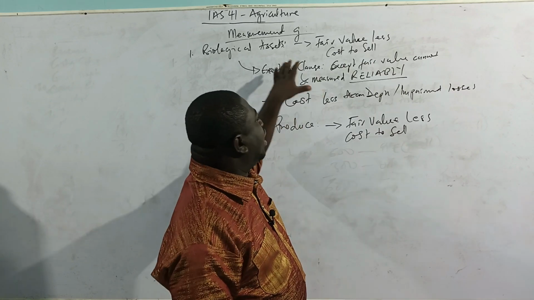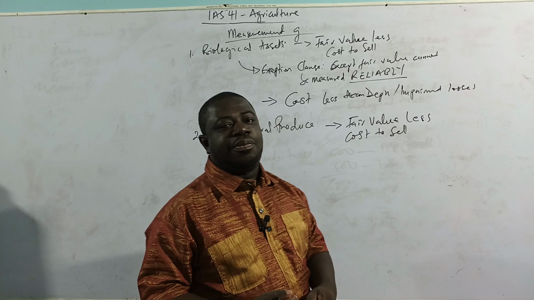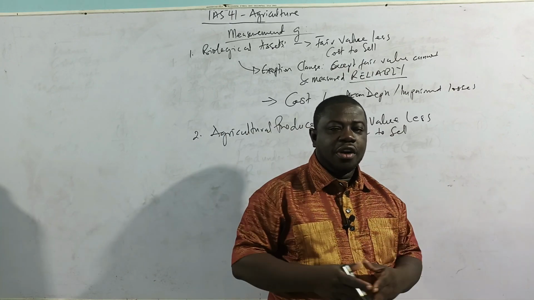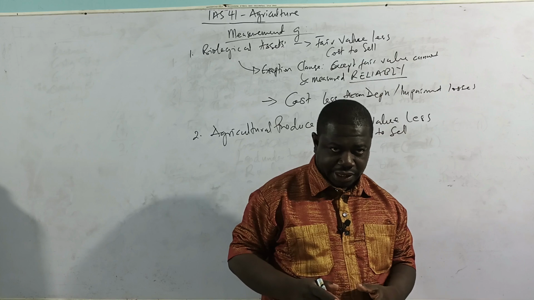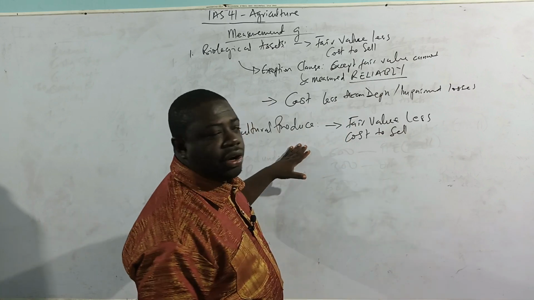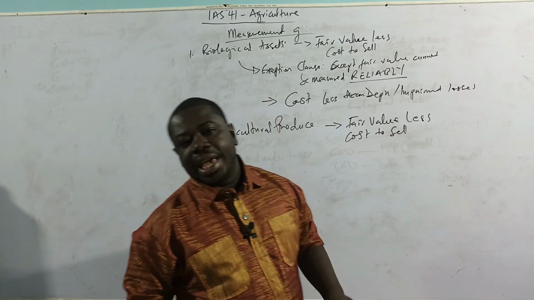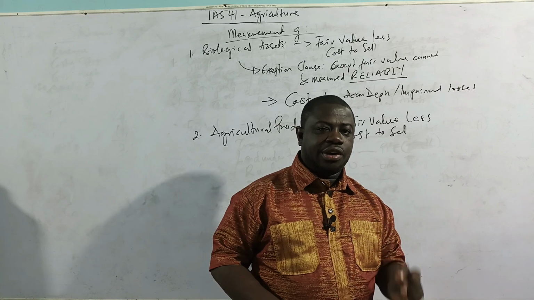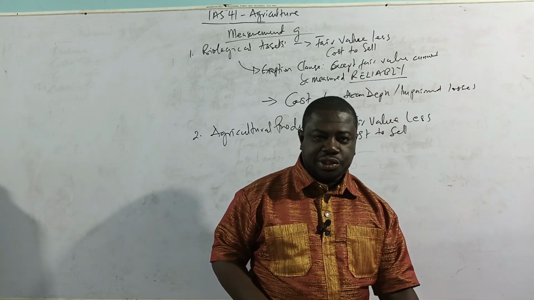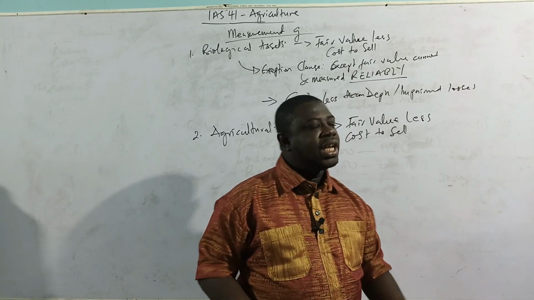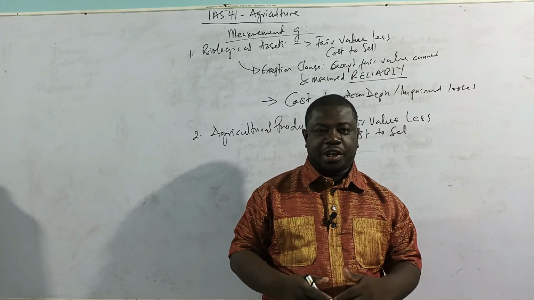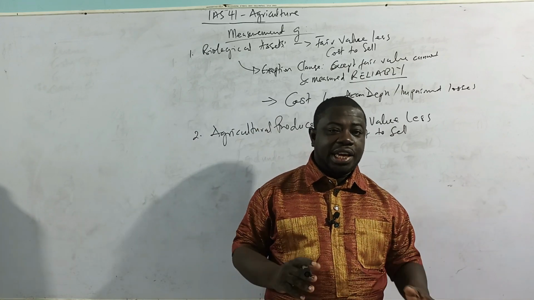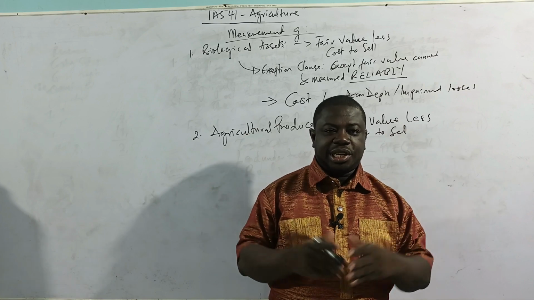They will all be recognized through the statement of profit or loss, just as we do for property, plant and equipment and other valuations of non-current assets. When it comes to agricultural produce, it's the same. Any gain on the agricultural produce on revaluation is recognized through the statement of profit or loss, and the same for a loss. Okay, we are going to take a question to that effect to make you understand what I mean by gain or loss, and then even with the measurement criteria.